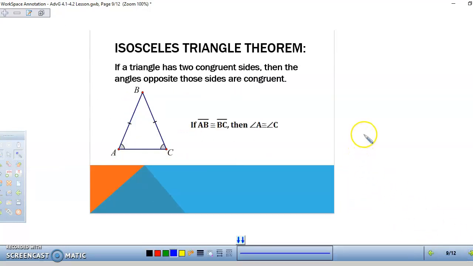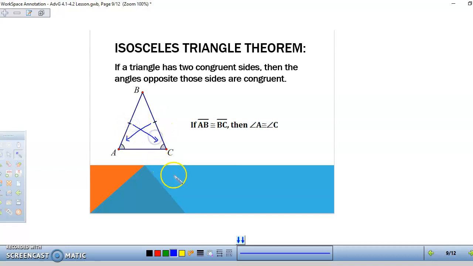The isosceles triangle theorem. So what this says is if I have 2 congruent sides in a triangle, then the opposite angles are congruent. Opposite angle, whenever you have a side, is the angle that's not attached to that side. So that's the opposite angle.